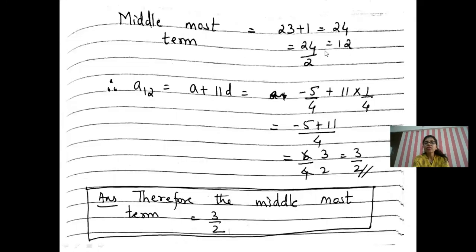By substituting that, we got n equal to 23. After that, if the n value you get is odd, you add 1 and divide by 2 to find the middlemost term. So 24 divided by 2, we get 12. So we have to find the value of a12, a plus 11d, and then substituting, I got the answer as 3 upon 2. So that is the middlemost term.